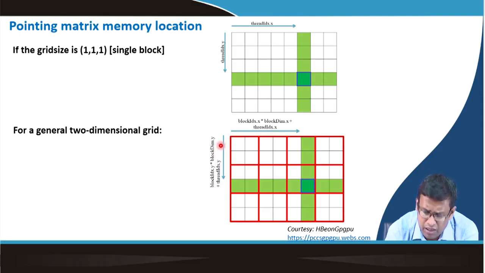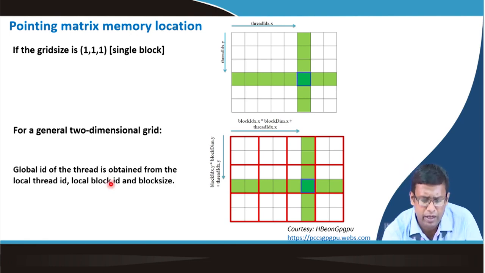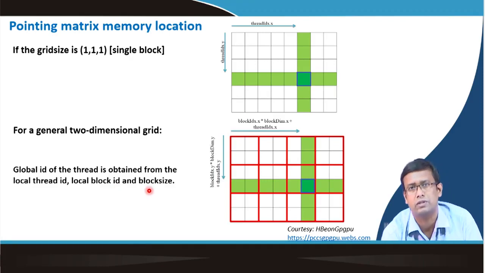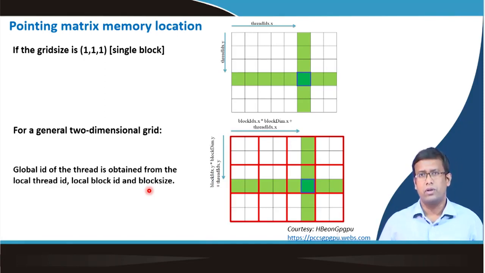Similarly in y direction, we do that and we find out the global thread ID using this. The global ID of the thread is obtained from the local thread ID, local block ID, and block size. Using these three pieces of information, whatever the block arrangement be, 2D or 3D, we can find out the global thread ID and local thread ID. In certain cases there can be some more complications, but using simple algebra that can be found out.